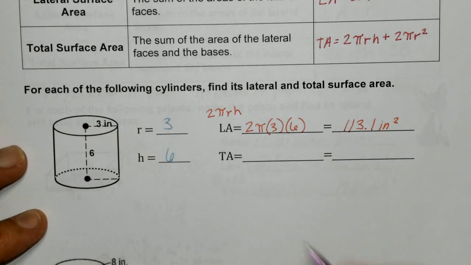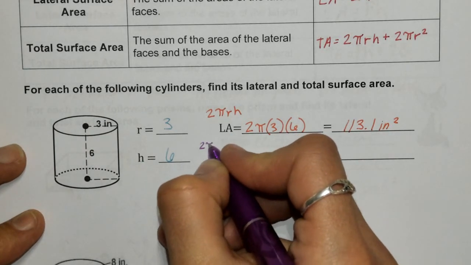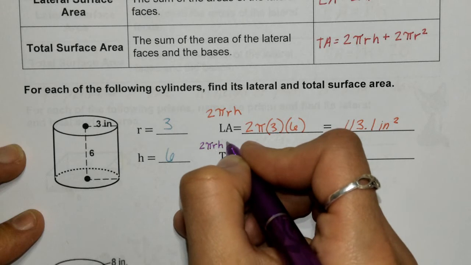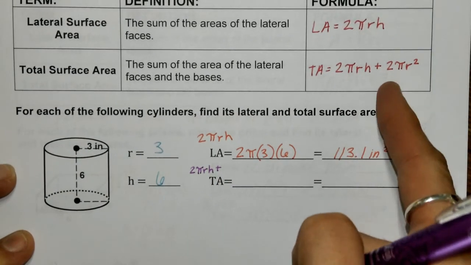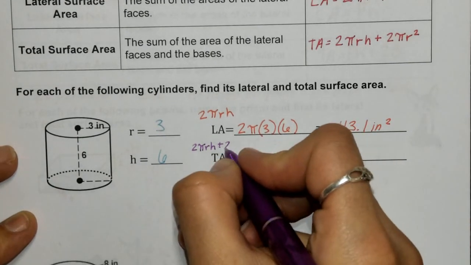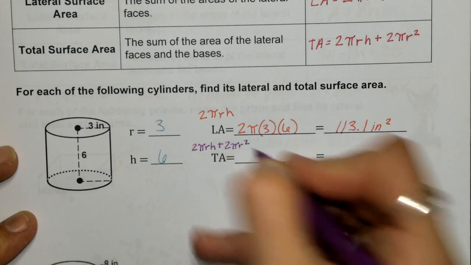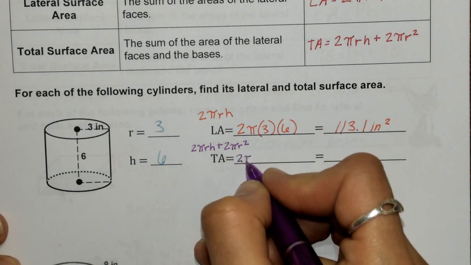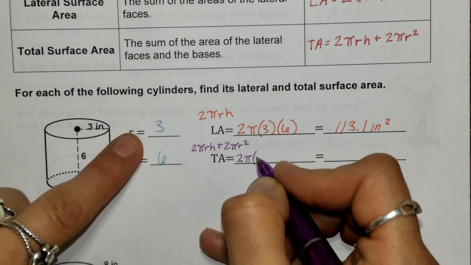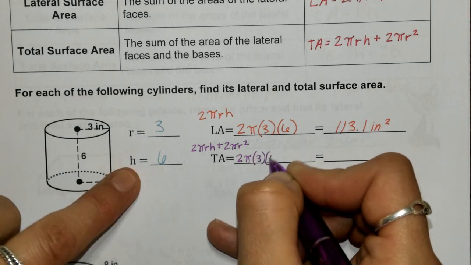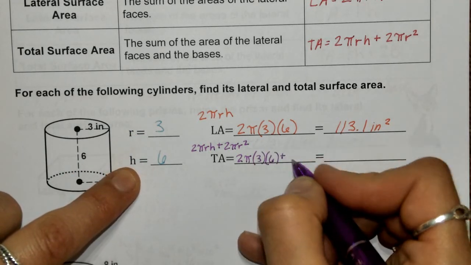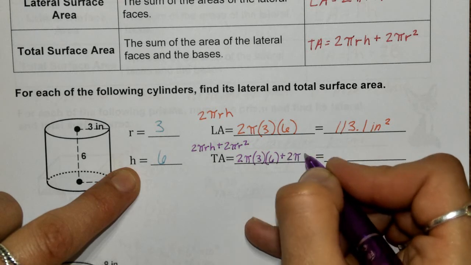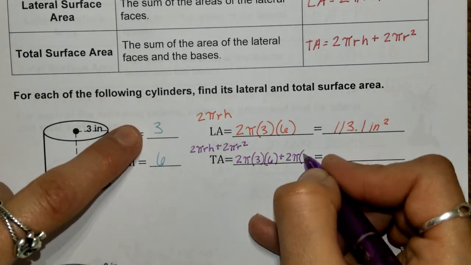Total surface area is that long one. 2 pi r h plus, I'm just copying from right here, plus 2 pi r squared. So, let's fill everything in. The 2 and the pi stay. Fill in r, fill in h, plus 2 pi, and we need r squared, so 3 squared.